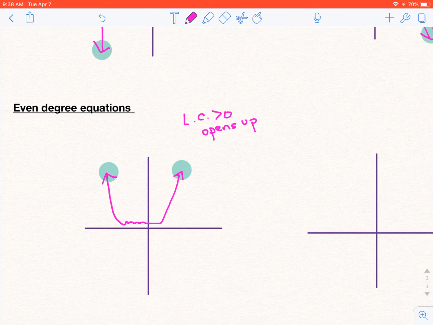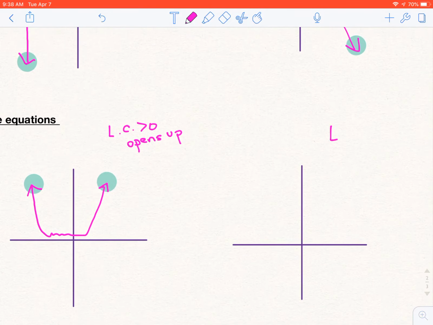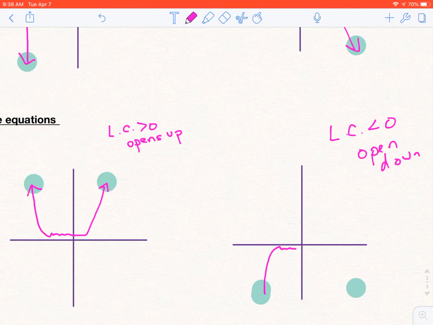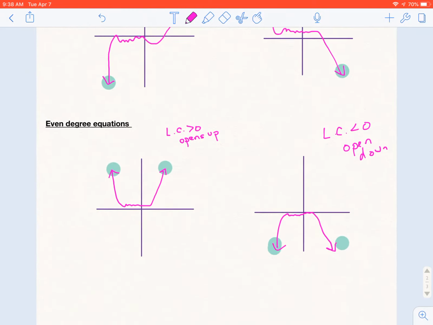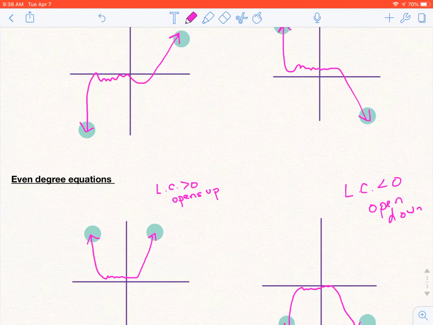It's got to open up, just like a quadratic. And then over here, the leading coefficient is negative. It's going to open down. So that means it's going to start and end down at the bottom. And it's going to do its thing. We don't know what it does. And then it's going to end up coming down. Okay? So that's it in a nutshell.